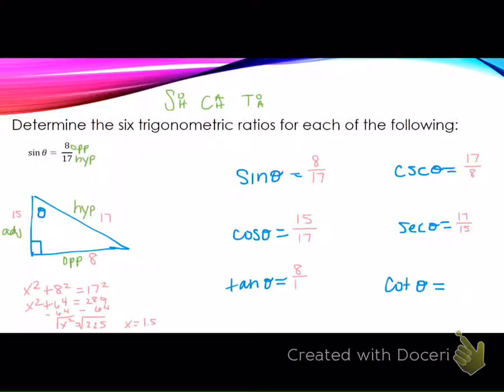Yep. There you go. So, Nick, what is the cotangent? 15 over 8. Very good. So, that's just reviewing it. Remember, when you see the word ratio, it just means to write down the fraction. Do not write them as decimals. Simplify them if you can, which we cannot in this case here. So questions on that one?